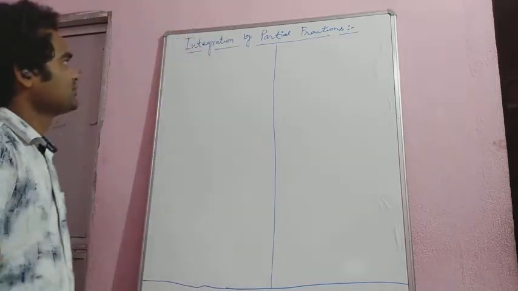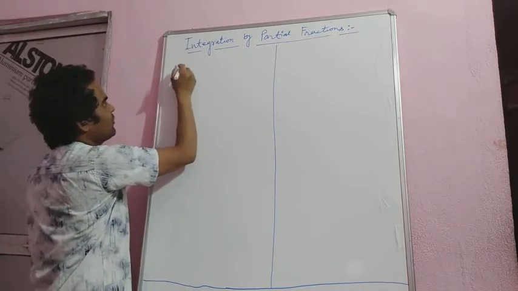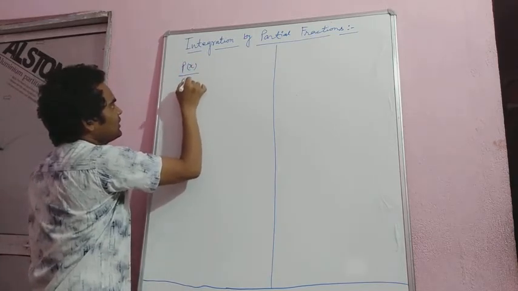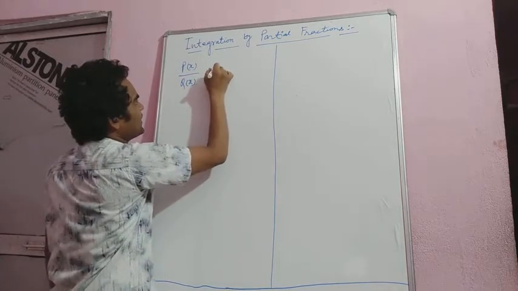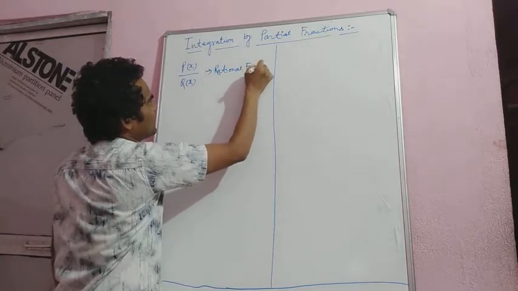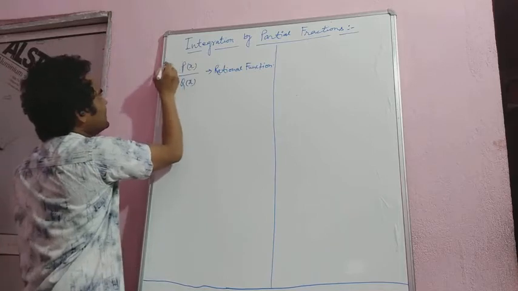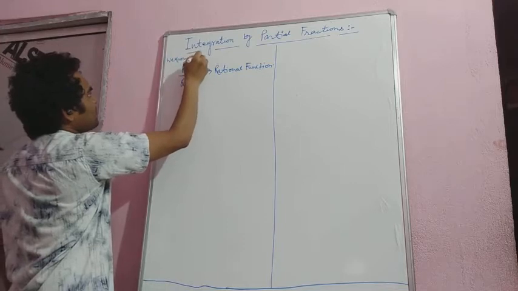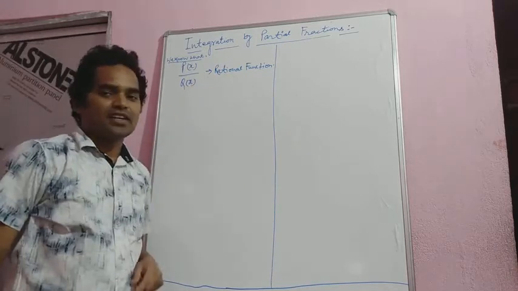First of all students, we know about the rational function, which is of the form p(x) upon q(x). It is a rational function.